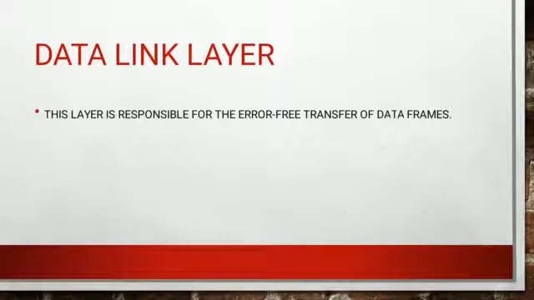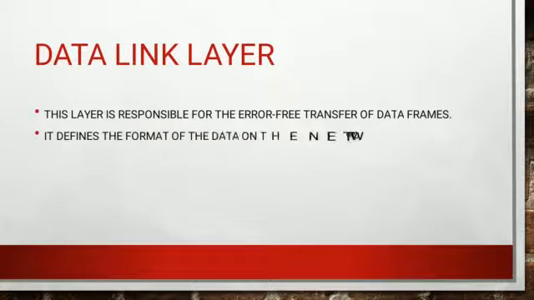Error means, if you are considering binary data, simply a 1 value is changed to 0 or a 0 value is changed to 1. Even if one bit is changed, the complete meaning of the data is changed. To avoid that, the main functionality of the data link layer is error-free data transmission.